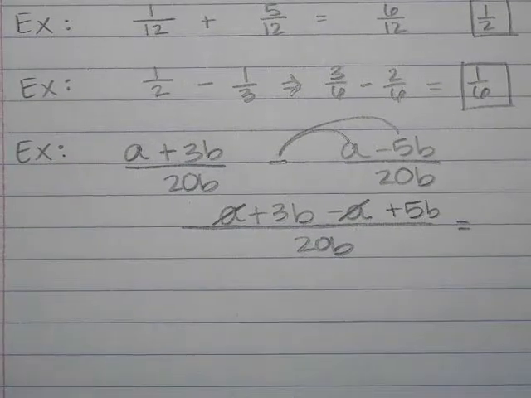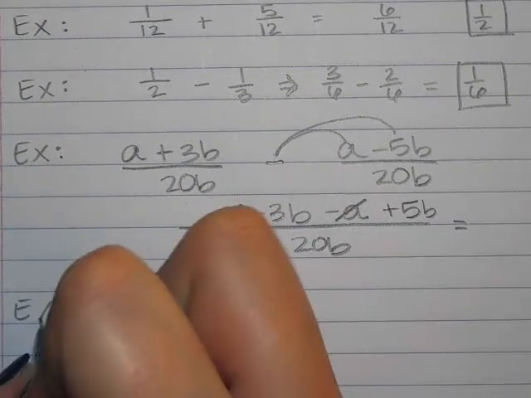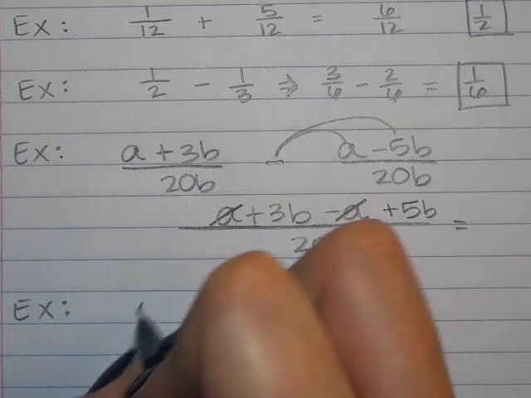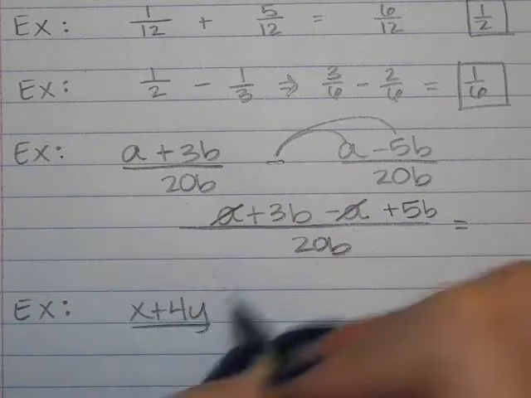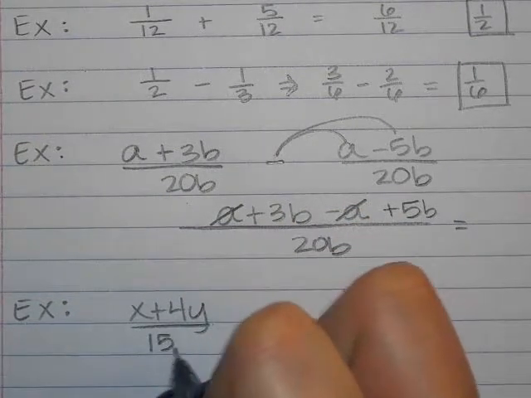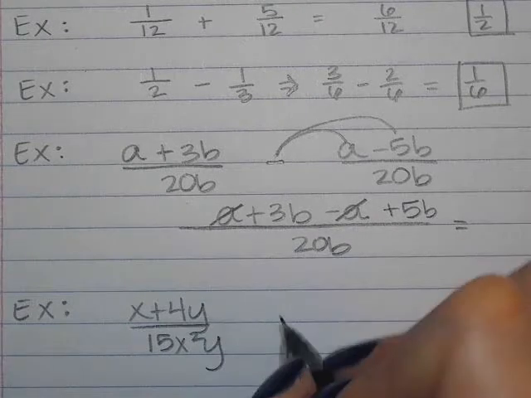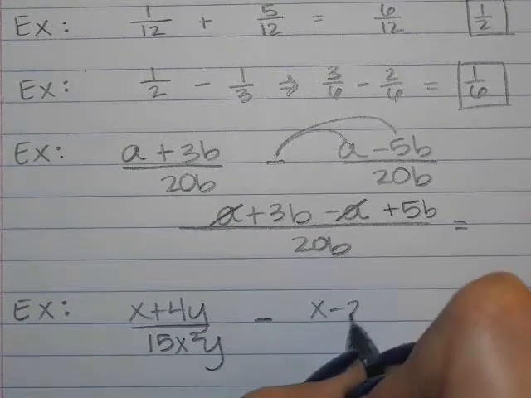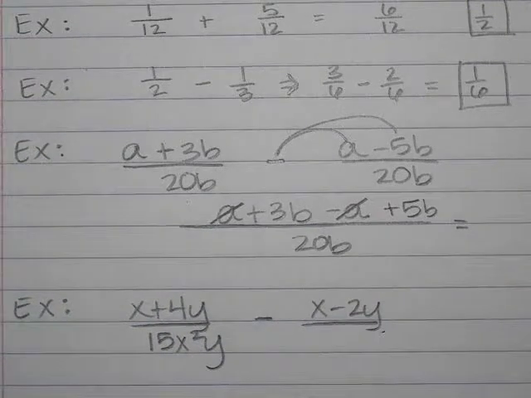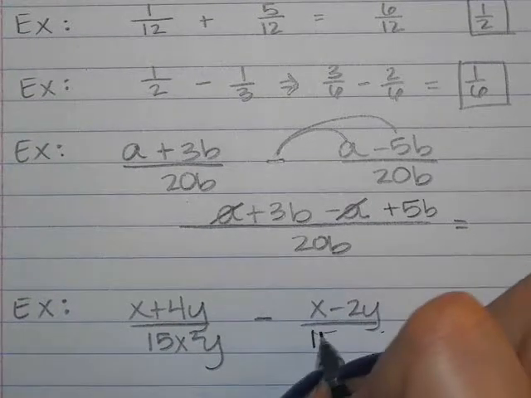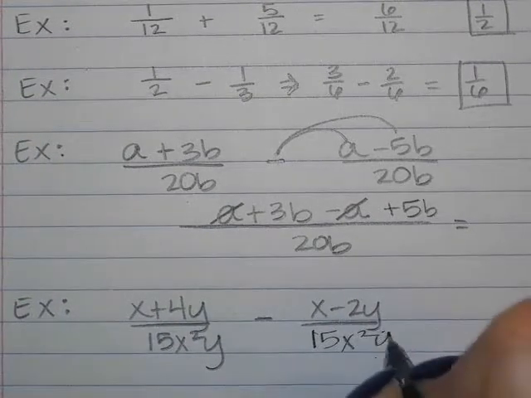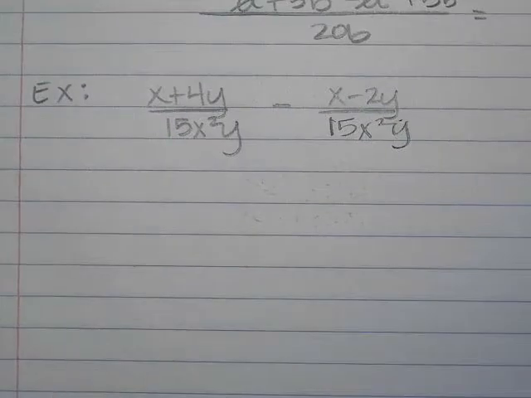All right, here's the next one. (x + 4y) divided by 15x squared y minus (x − 2y) divided by 15x squared y. So what do I do first?